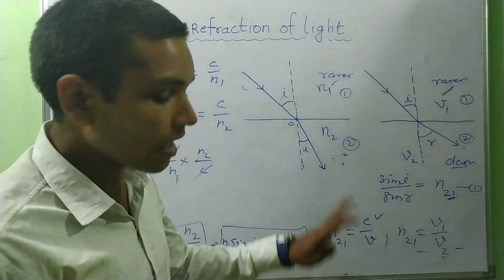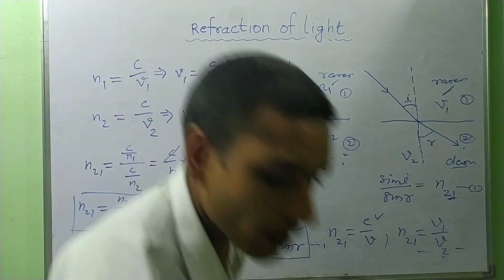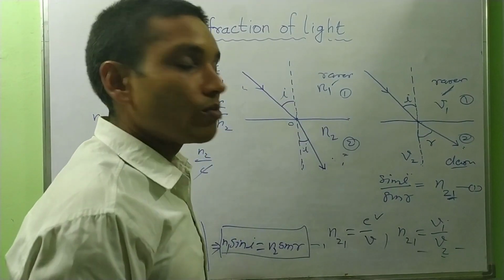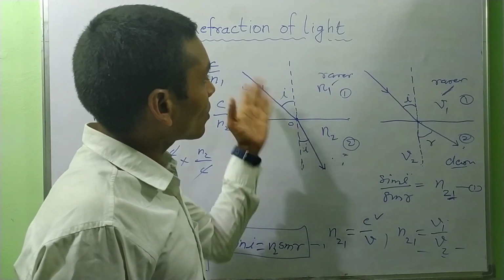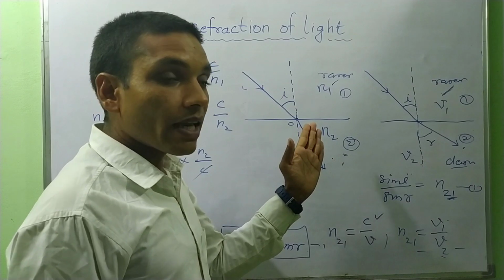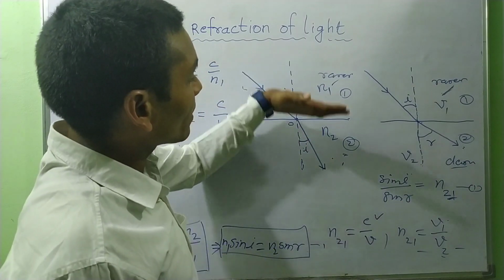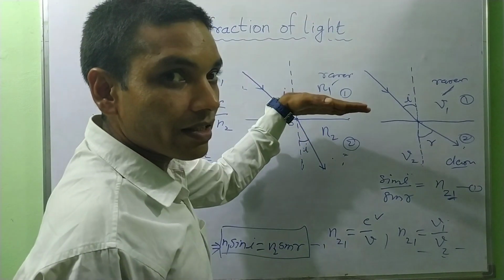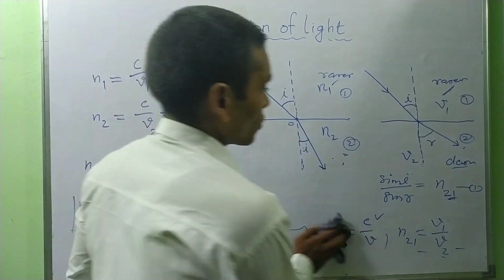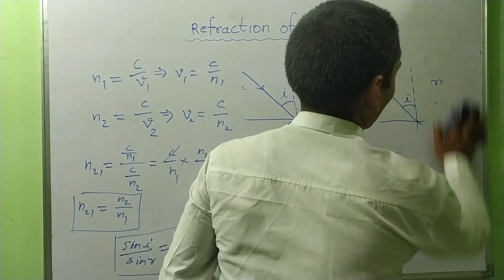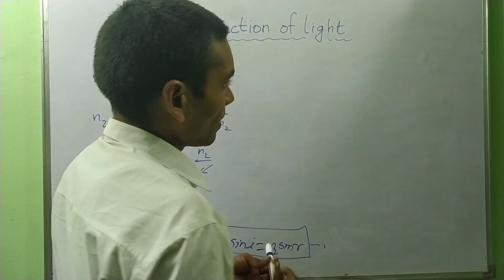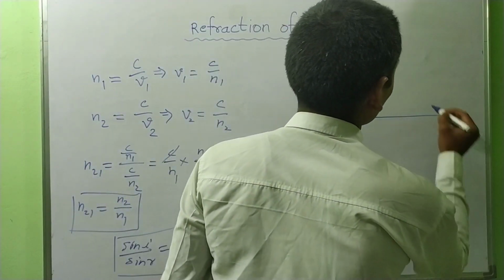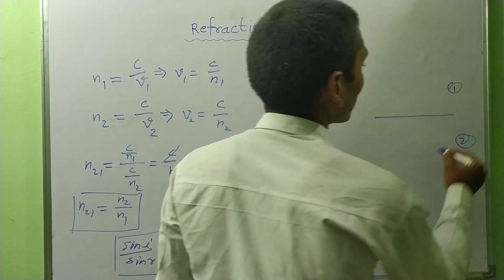Now, here we are assuming that the light ray falls on the interface obliquely. If the light ray falls on the surface normally, then what will happen? We will discuss this. This is the interface, this is the first medium, this is the second medium.